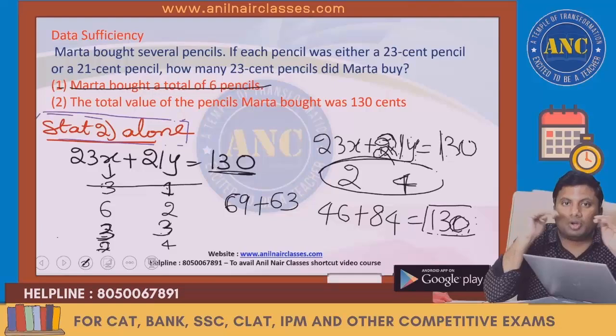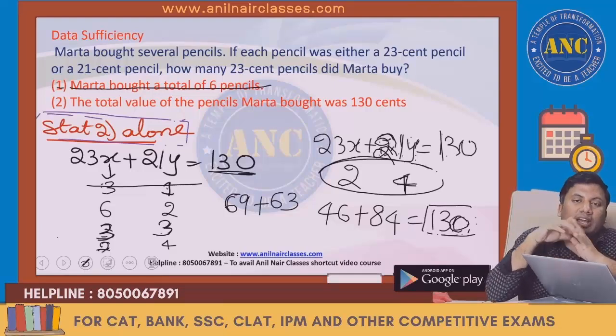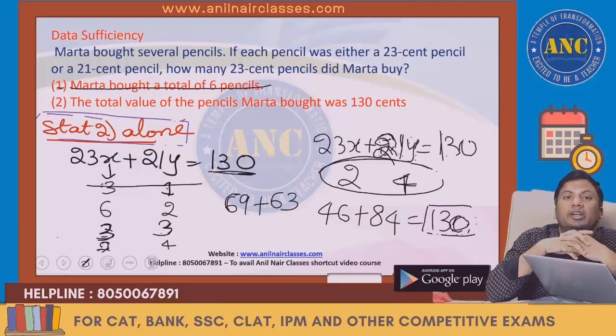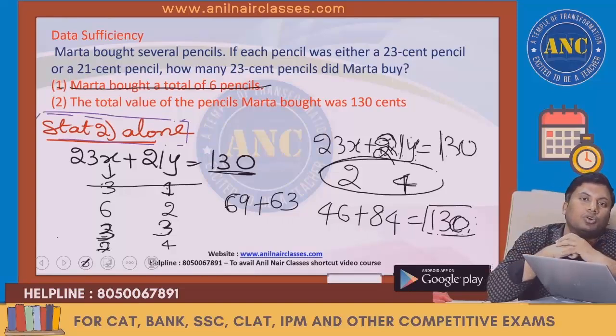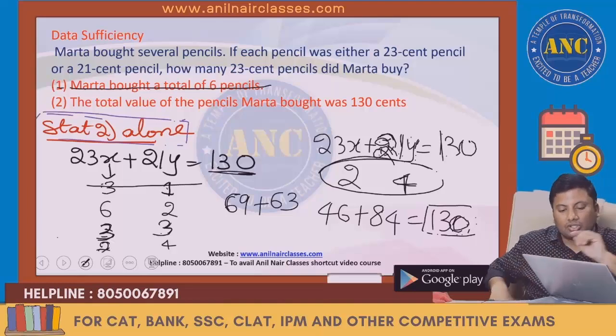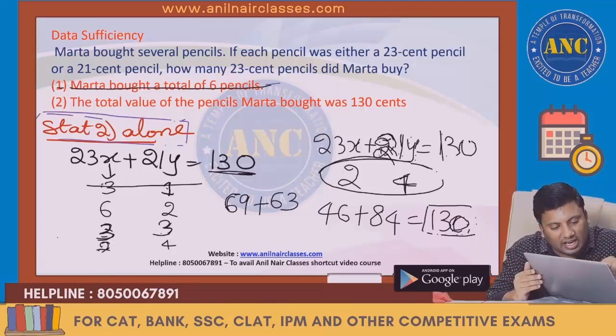Statement 1 alone: if it is giving you greater than one answer or no answer, go to statement 2 alone. If no answer or greater than one answer, then go to statement 1 and 2 together. I did not use these conditions, sir.